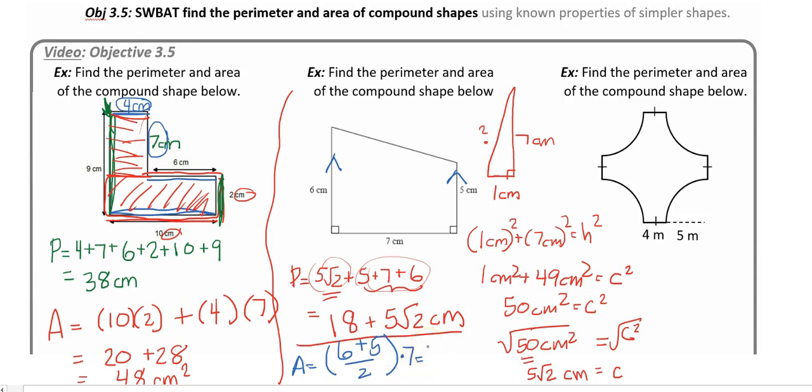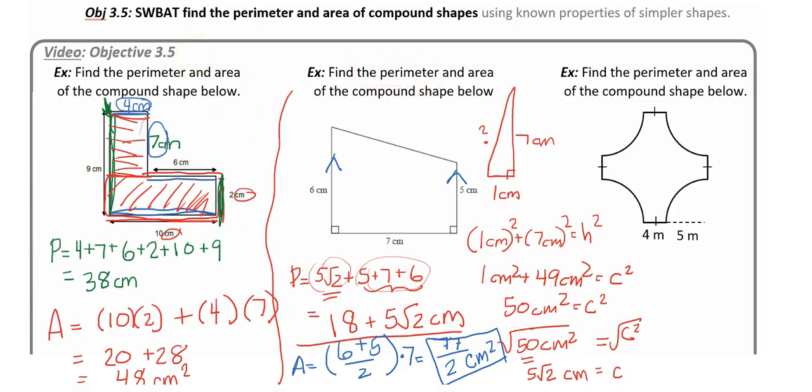So 6 plus 5 is 11 divided by 2 times 7. 11 over 2, I'm going to write that as 77 over 2, and that will be centimeters squared. 77 over 2 centimeters squared.